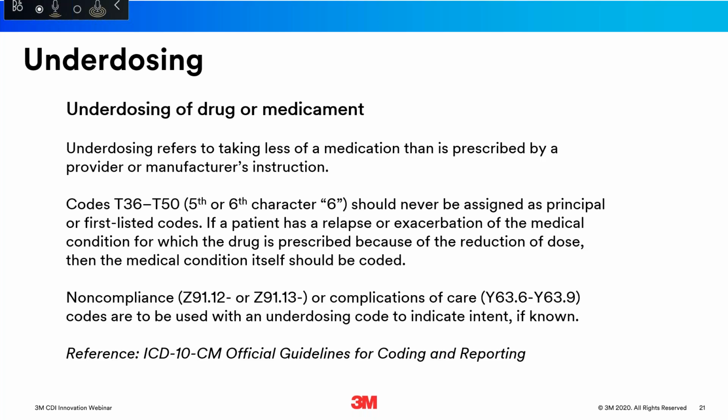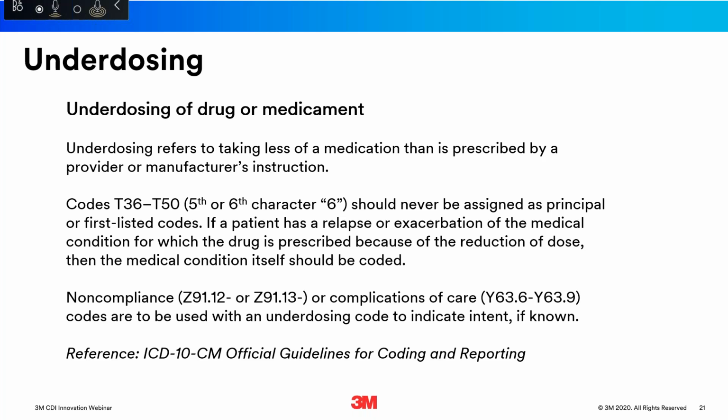And the definition of underdosing in our coding guidelines says, underdosing refers to taking less of a medication than is prescribed by a provider or manufacturer's instructions. So you want to make sure if you see that the patient's not taking their meds like they're supposed to be, you're going to report the underdosing code. You would also report the Z code for noncompliance if you know the intent of the noncompliance. So did they do it on purpose, or was it something out of their control?